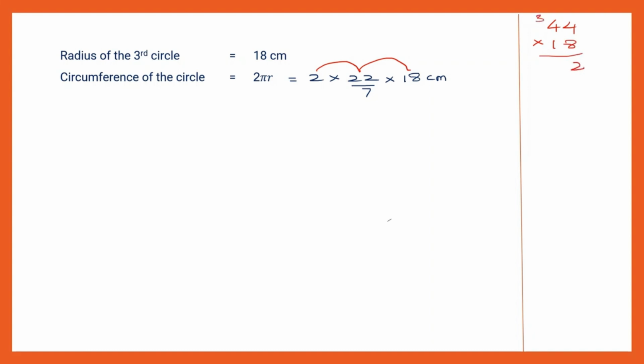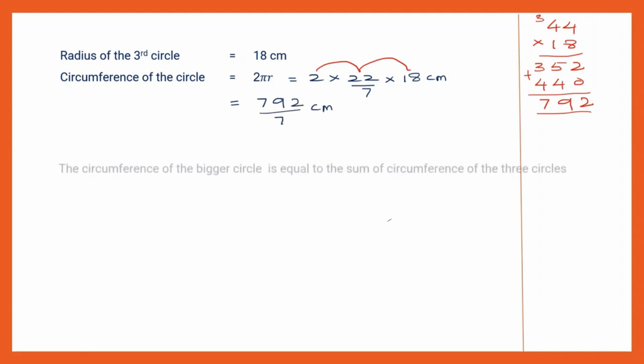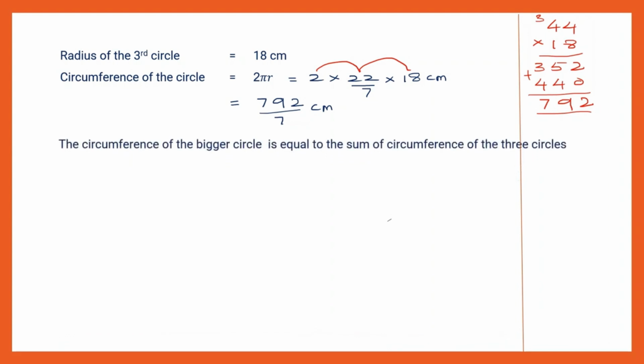Carry 3. 8 fours are 32 plus 3 is 35. 1 fours are 4. Plus 2. 5 plus 4 is 9. And 3 plus 4 is 7. So we've got 792. So the circumference of this circle is 792 by 7 centimeters.